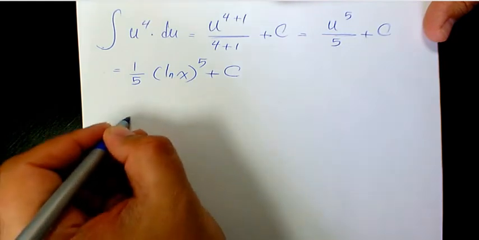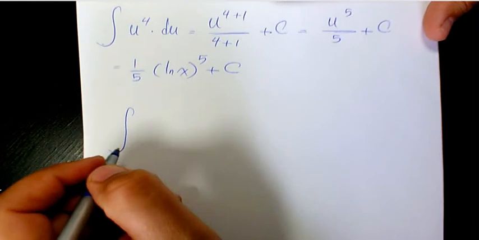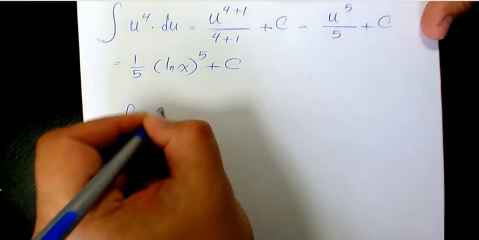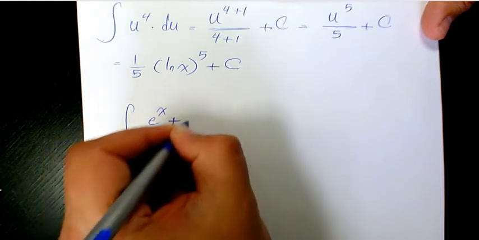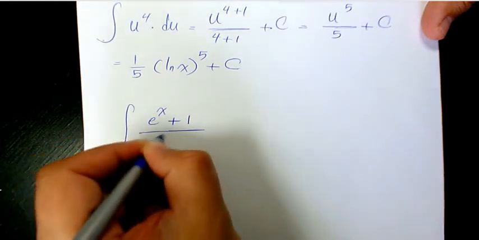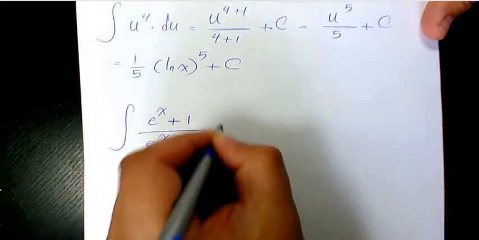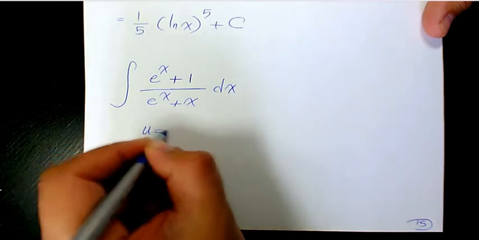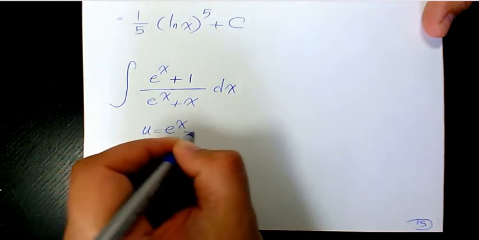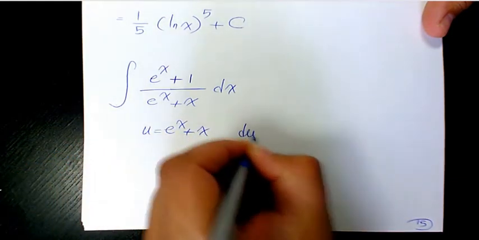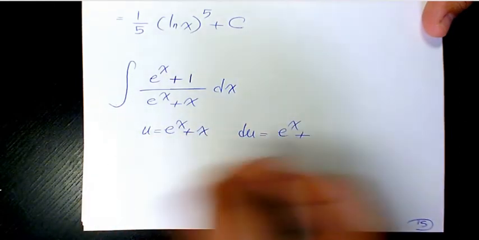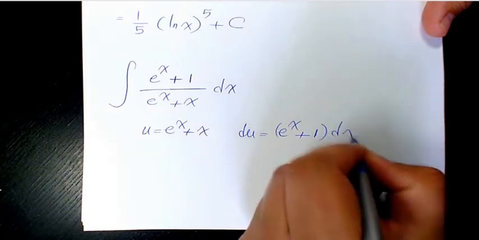Next example. e to the power of x plus 1 over e to the power of x plus x dx. How do we deal with this kind of question? I'm going to say u equals e to the power of x plus x. So du is going to be the derivative of this, which is e to the power of x, and the derivative of x is 1, dx.